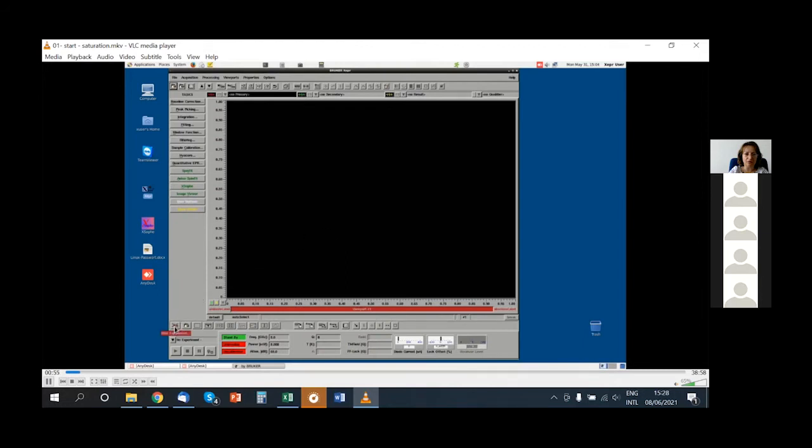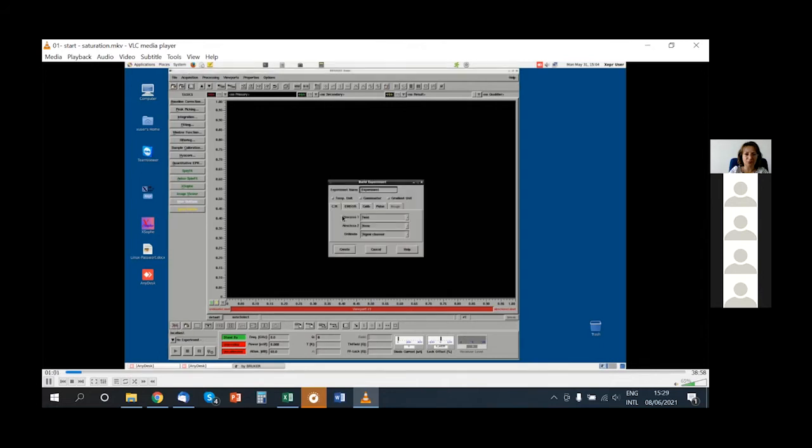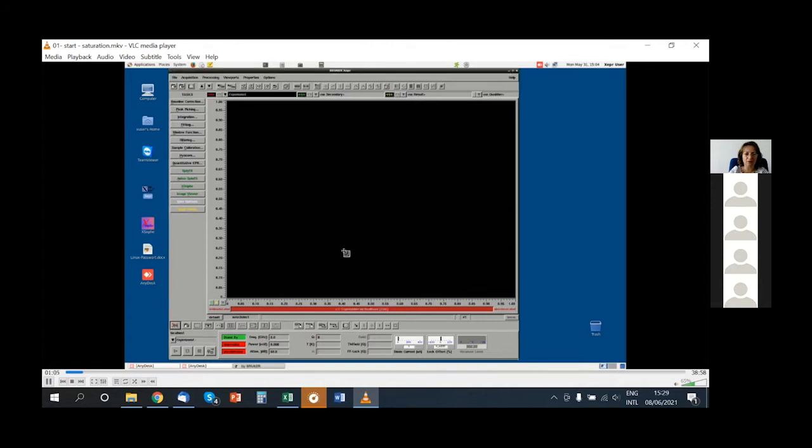We start a new experiment, which is continuous wave EPR. We set parameters to the hardware, and there are some predefined parameters.